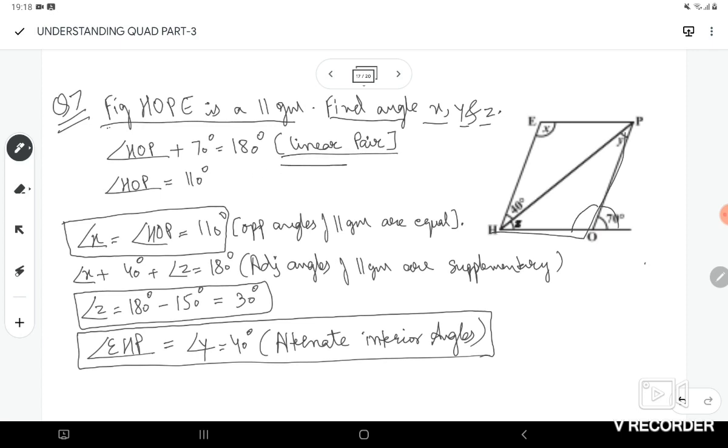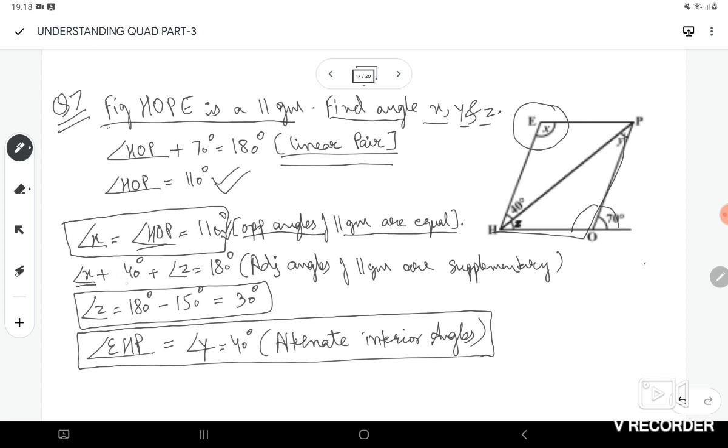Why? Because it's a linear pair. So angle HOP would be equal to 110 degree. So from here we can easily find the value of angle x, which would be nothing but angle HOP equal to 110 degree because opposite angles of a parallelogram are equal.